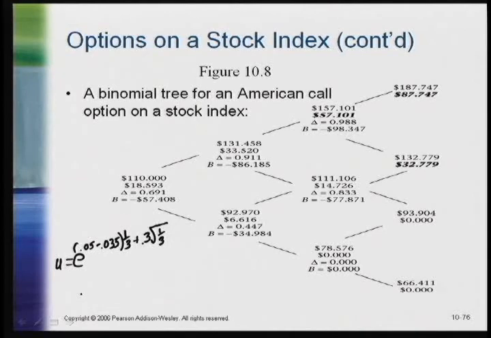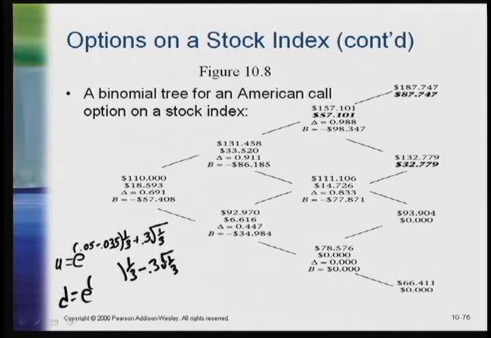Similarly, the down return is exactly the same expression, but it has a negative on the vol term: minus 0.3 square root of 1/3. And with those two factors, we can then develop this table over the 3 periods.